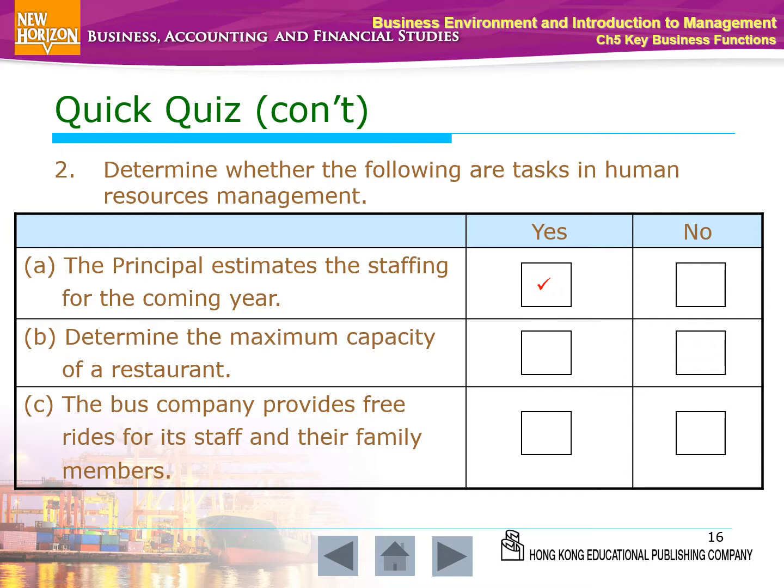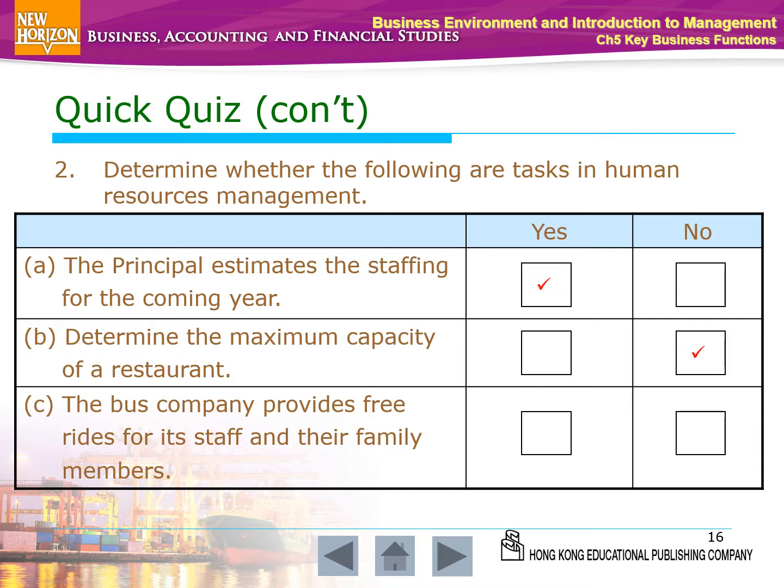HIFORM. Is it about human resources? Of course not, right? I, information. F, financial. O, operation. R, risk. M, marketing. Which one? The answer is no, of course. It should be operation.